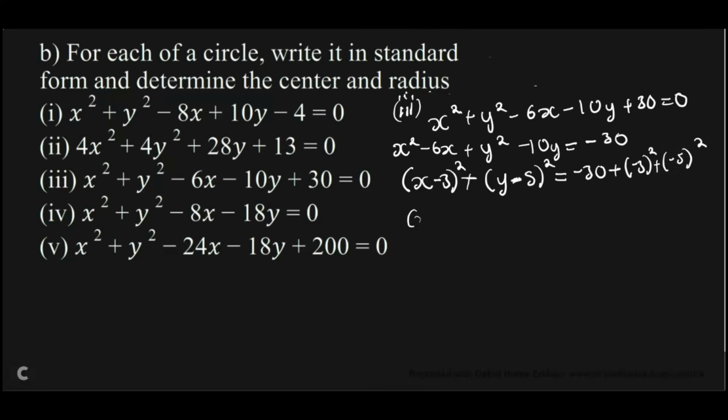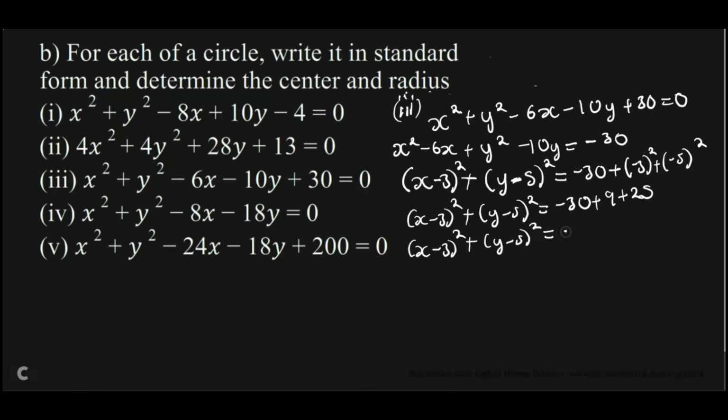Such that you have x minus 3 squared plus y minus 5 squared equal to 9 plus 25 minus 30, then you remain with 4.